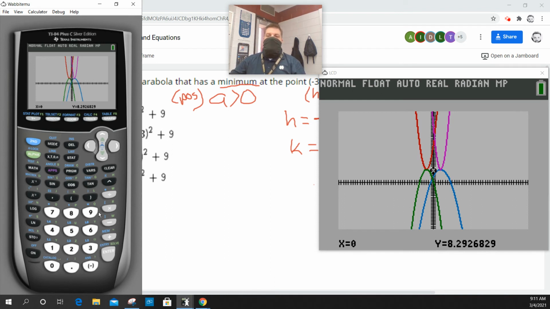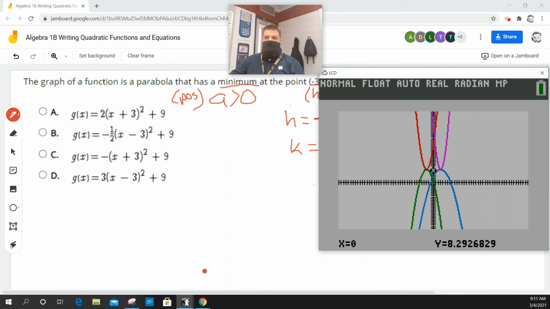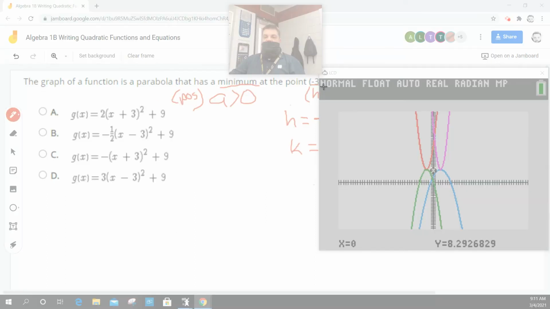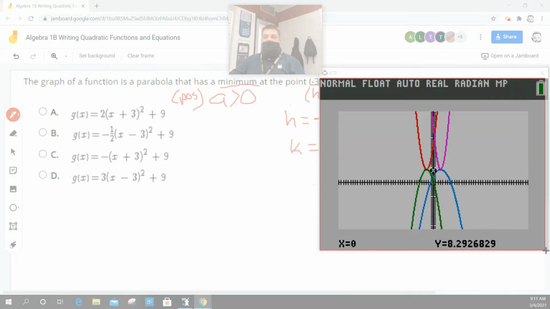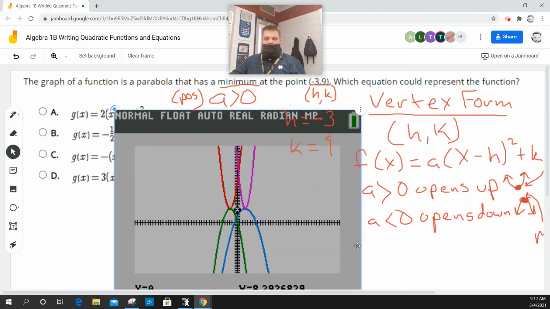All right, so now, which one of these looks like it has a minimum at -3, 9? Which graph is that? Is it the blue one? Well, the blue and green, it's not them, right? It's not them because they have maximums.